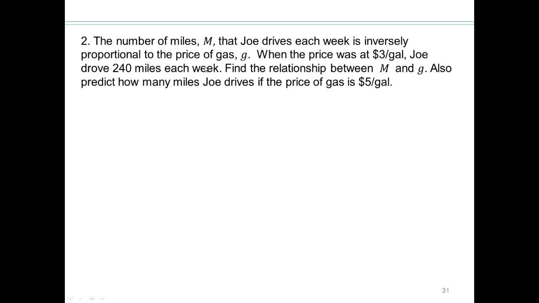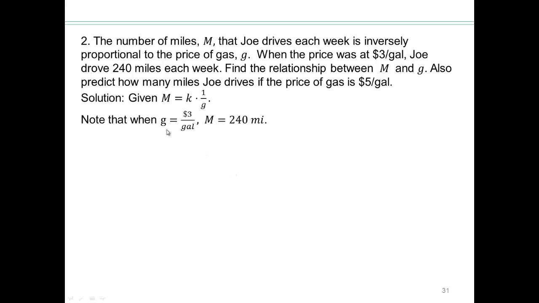Let's use that information and find what this K is. So G is $3 per gallon, M is 240. Put that in here: 240 equals K times 1/3. Solve for K. Multiply both sides by 3 and we get K equals 720.